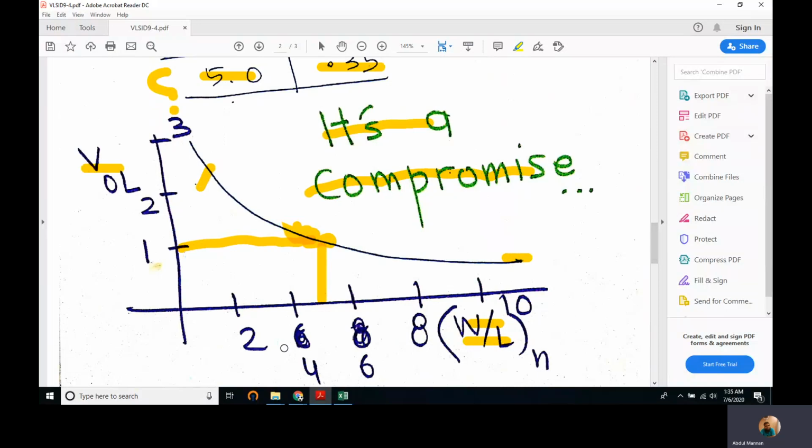Either we can have a smaller aspect ratio of N, or we can have a smaller value of VOL. But we cannot get both advantages at the same time. It's a compromise. Like many other things in your life, it's a compromise.